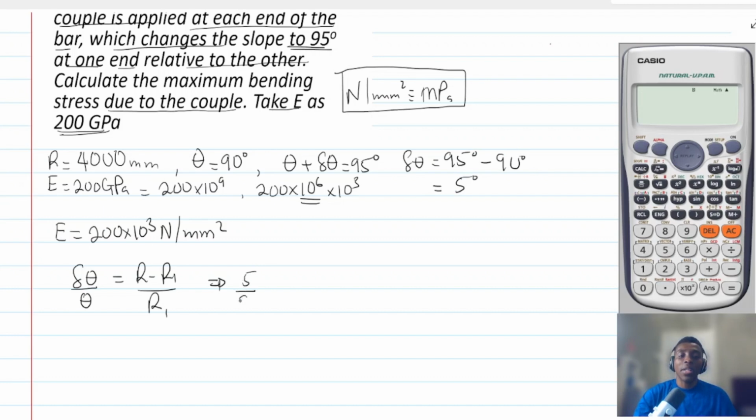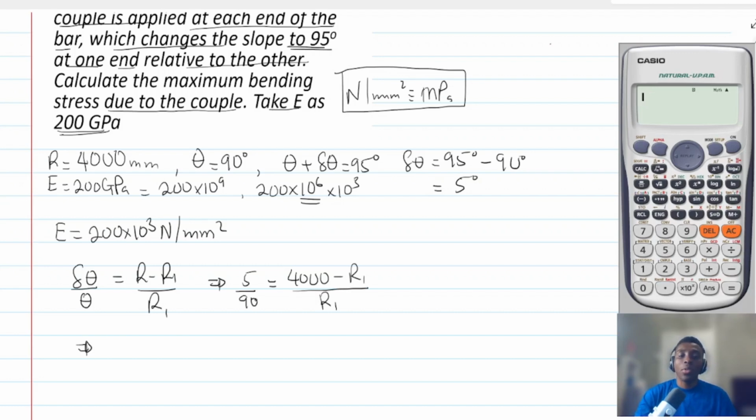So delta theta is the change in the angle, the new angle minus the original angle, and then you divide by the original angle, which is equal to the original radius, which is 4,000, minus the new radius, which we don't know and which we are after, divided by the new radius.